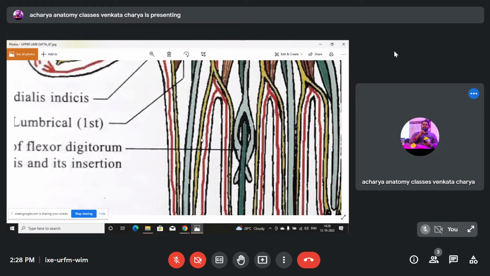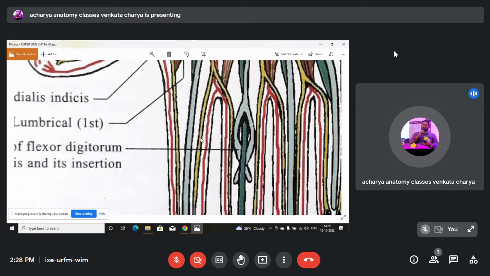Okay. Next, sixth proper distal artery supplies the medial side of the middle finger.